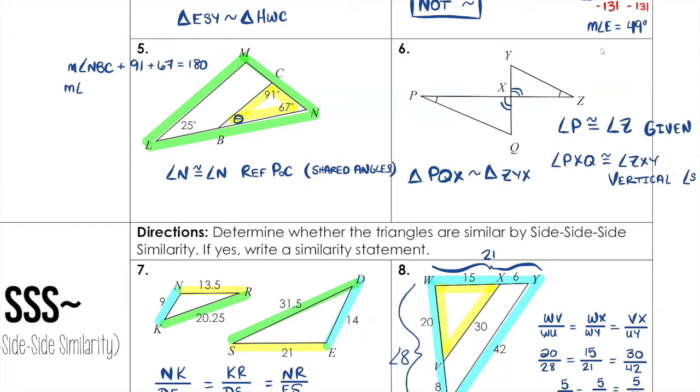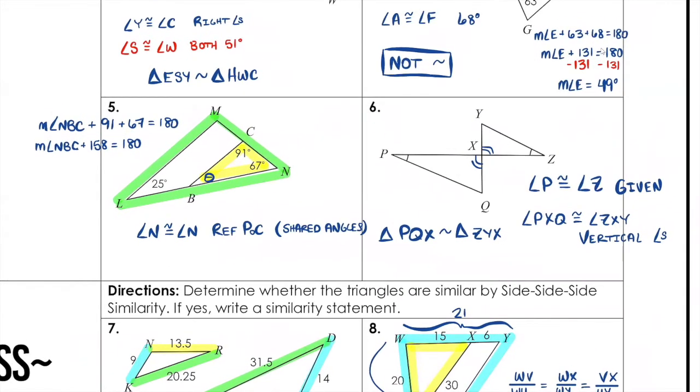I go in my calculator. 158. Subtract 158 from both sides. So the measure of NBC is 22. Okay, so this angle is 22.